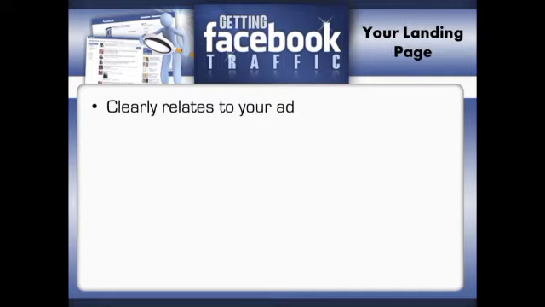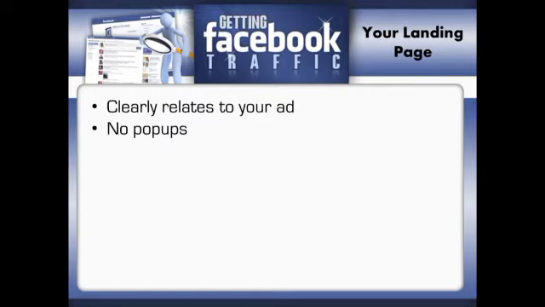Okay? That is essentially an extension of your ad. If your ad talks about children's shoes on sale, then the landing page needs to have children's shoes as its main focus. So keep the ad landing page relationship very relevant.